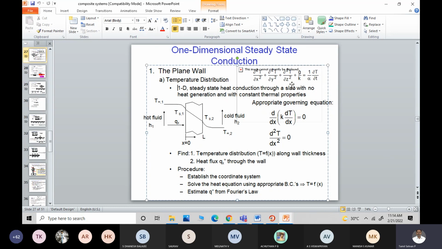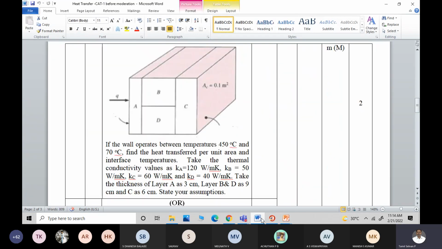And there is no internal heat generation, so Qg by K is also 0. And we assume K, actually it is Kx, Ky, Kz, but we assume the material is isotropic, which will have the same thermal conductivity along different directions. Is it fine? Correct or not? Yeah. Any other question, ma?